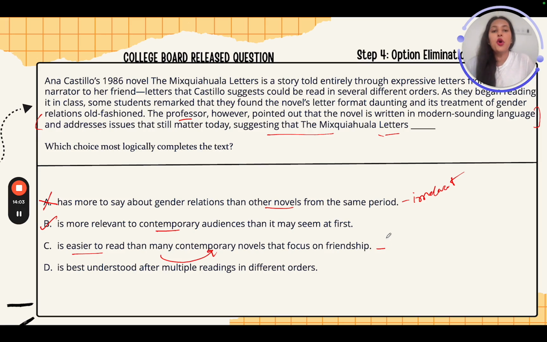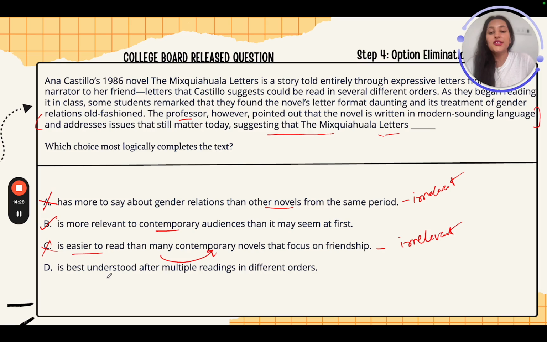It's about what these letters are doing. Are they old-fashioned or not? That's a simple question, correct? As per the professor, it's not old-fashioned. But there is no comparison as such with other contemporary novels. So this is also incorrect because it's irrelevant to the text.